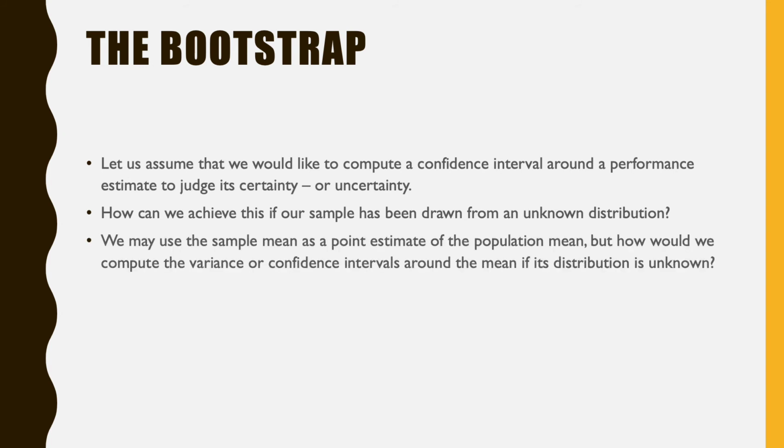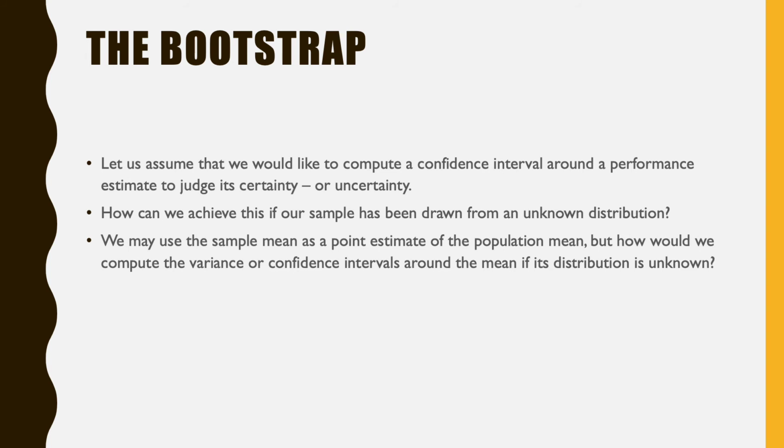We may use the sample mean as a point estimator of the population mean. But how would we compute the variance or confidence intervals around the mean if its distribution is unknown? It may not be possible to find a confidence interval if you do not know that distribution. So what can we do?